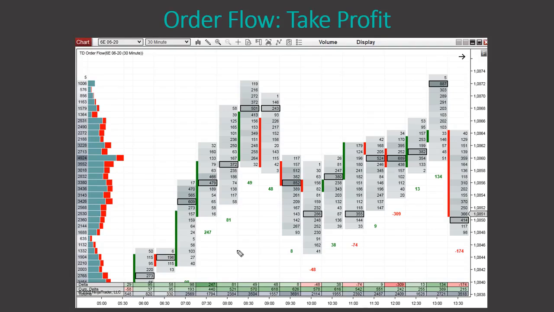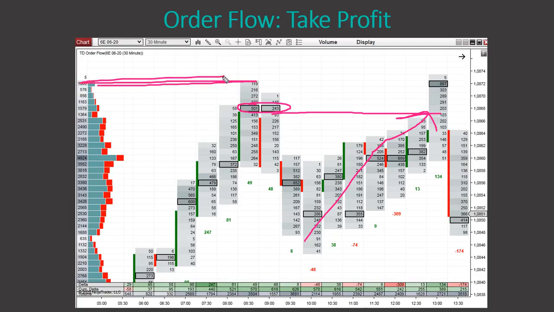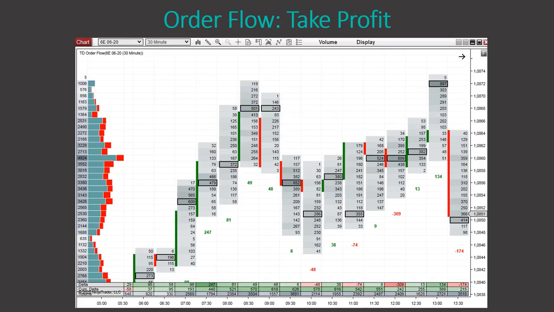Now let's have a look at another example. Imagine you entered a long, for example from here. The ideal place for take profit would be below this double high volume node. It would be in here. By the way, if you were short from this area, now let me draw it again so it's clearer.